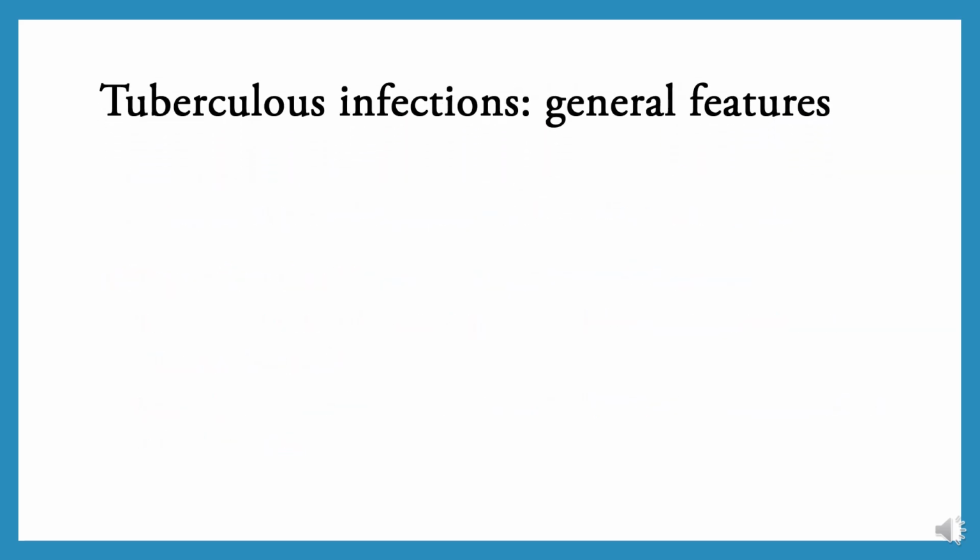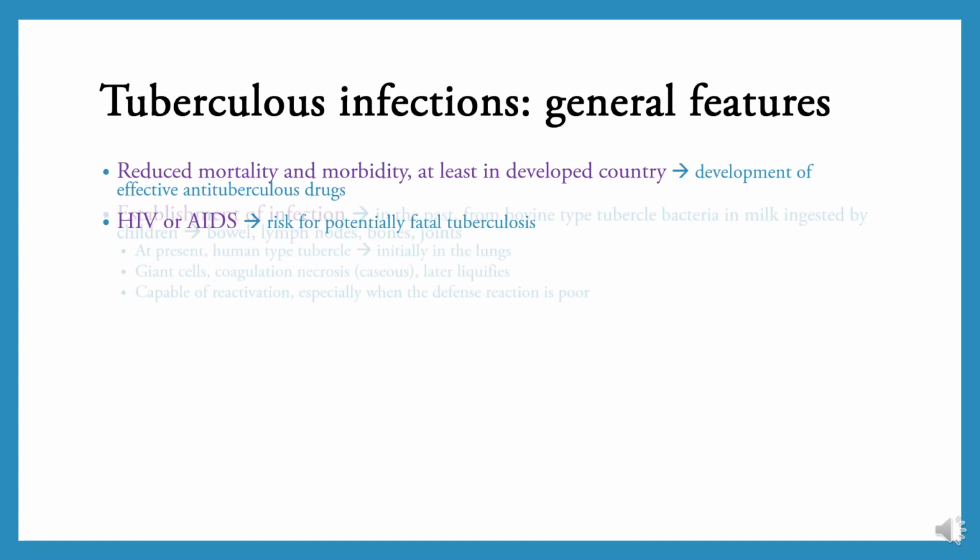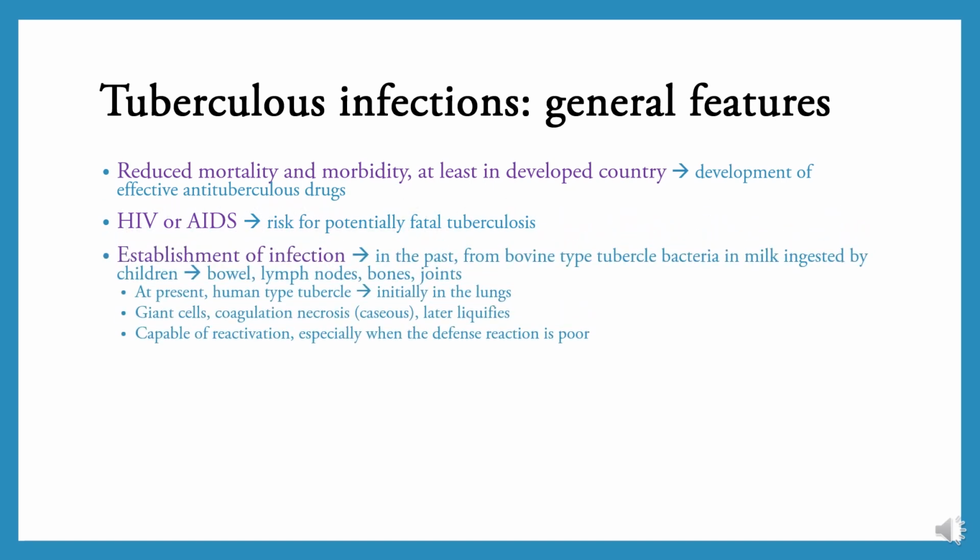The general features of tuberculous infections: reduced mortality and morbidity, at least in developed countries. HIV or AIDS is a risk for potentially fatal tuberculosis. In the past, infection was established from bovine type tubercle bacteria in milk ingested by children.